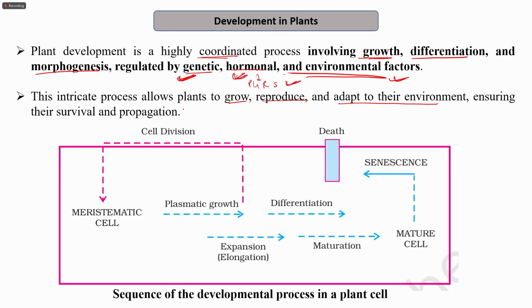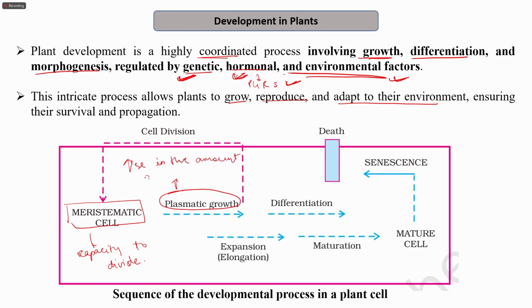So development involves these basic steps, where firstly the meristematic cells, which have the capacity to divide, show plasmatic growth. That is, there is an increase in the amount of protoplasm.